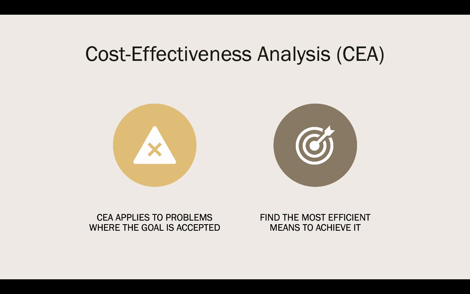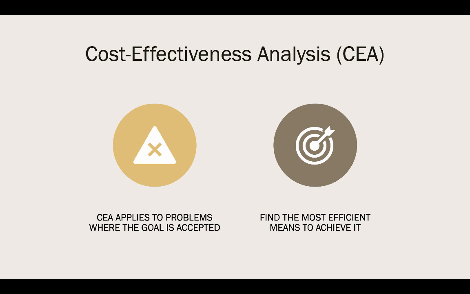Comparatively, cost-effectiveness analyses differ from cost-benefit analyses because our cost-effectiveness analysis is going to be applied to issues, programs where our goal is accepted. We are going to do this thing. It is going to happen.